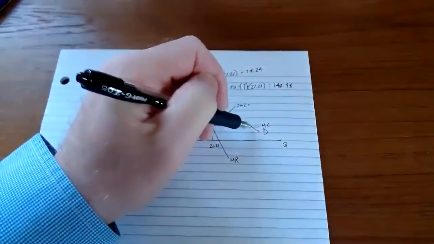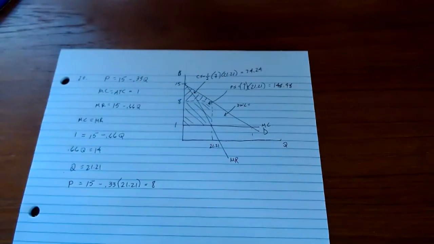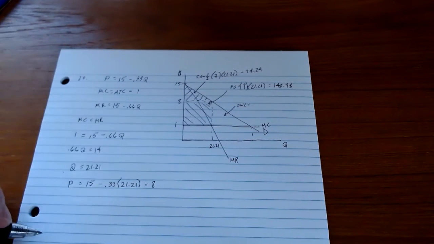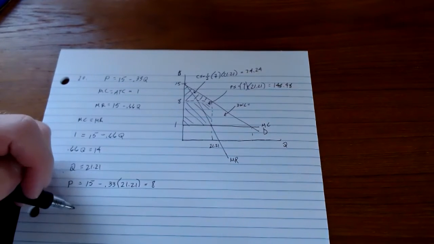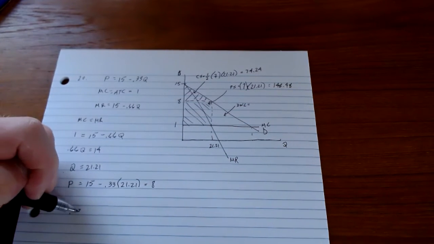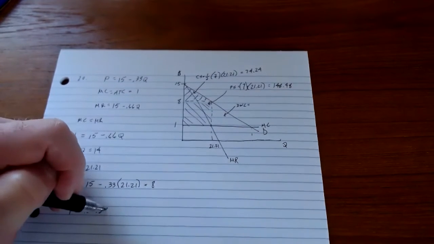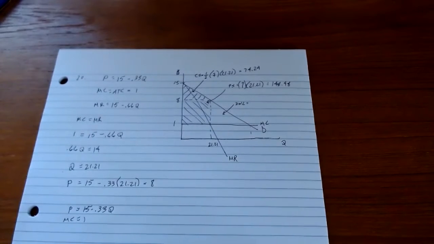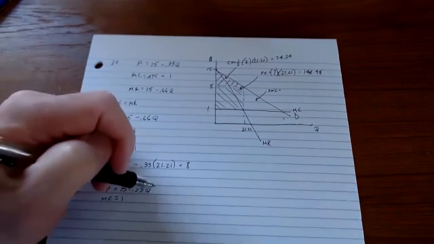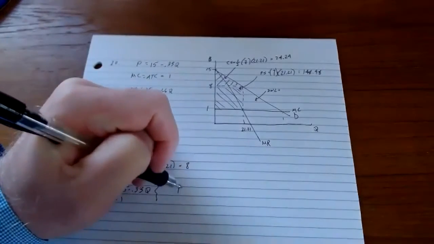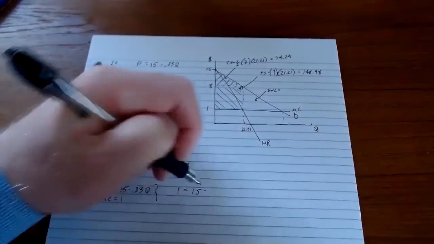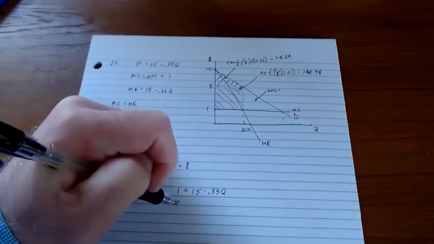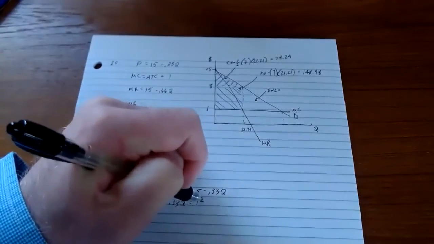Height of 7. We need to figure out what that quantity is. So if we set the demand equal to marginal cost, so price is 15 minus 0.33 Q, and marginal cost is always equal to 1, we'll set those equal to each other. 1 equals 15 minus 0.33 Q. So 0.33 Q equals 14.